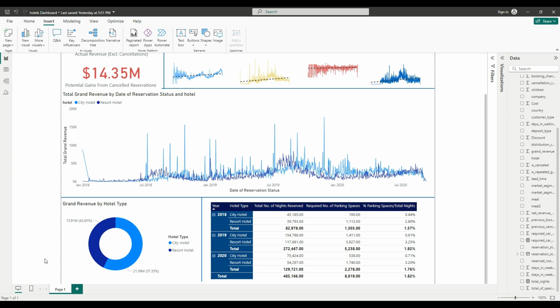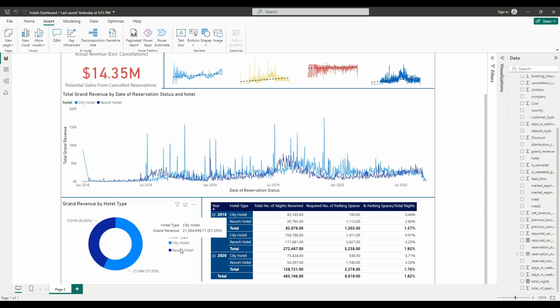And then we look at this donut of grand revenue by hotel type. I'd say there's a 7% difference, or basically, you do not have big differences based on the entire sample.